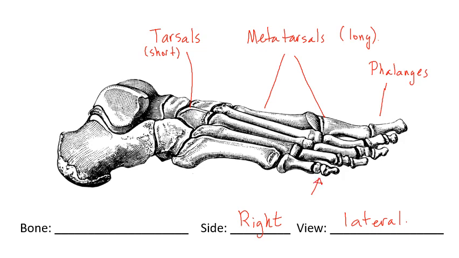So we're looking at a side profile of our foot. This is the big toe over there. So yeah, this is our foot. And as pointed out, the bones that we need to remember, we're just going to be concerned with those categories: the tarsals, the metatarsals, and the phalanges.